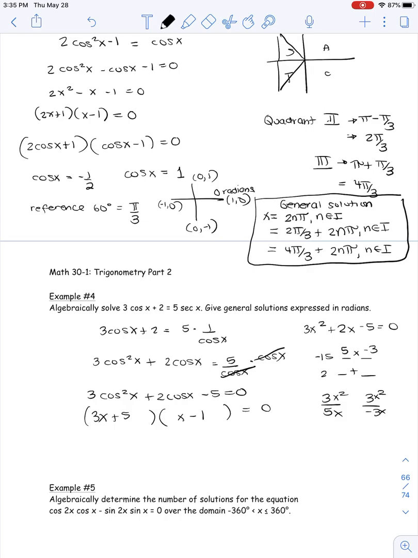So those will multiply to give you that, and then you'll replace the x with cos of x. So that gives us cos of x equals -5 over 3, and cos of x equals +1.